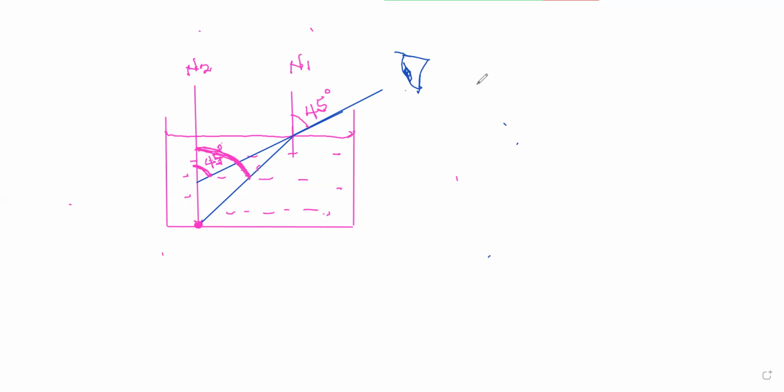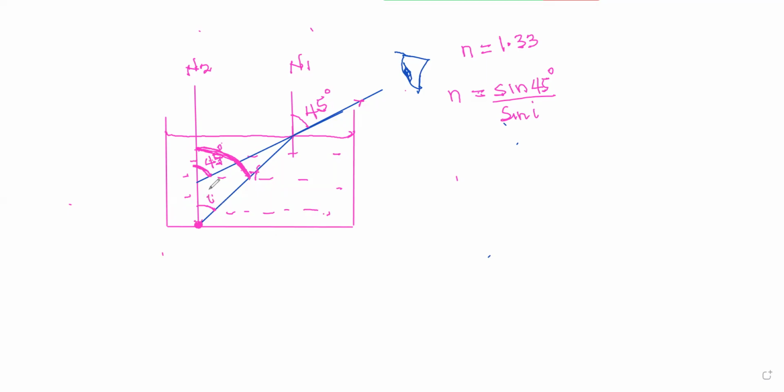Now, when I have the refractive index of water 1.33, when I apply Snell's law, I have refractive index equal to sine of 45 on sine of I. I will be this angle. So let's use arrows. They are rays picked by an observer.